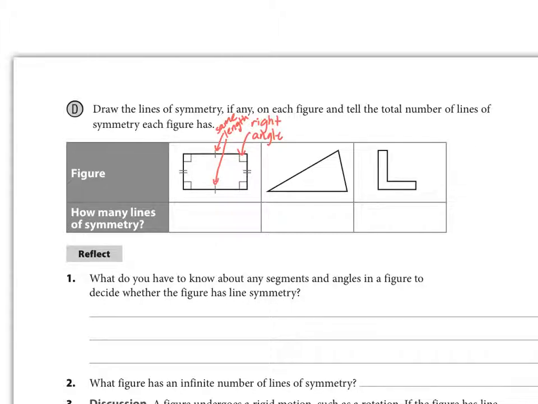Thinking about line symmetry this time, we want to think about where we could draw some lines so that it has symmetry, meaning if I folded it over the line, would it match up perfectly with the other side? Here are some obvious ones that many students come up with.